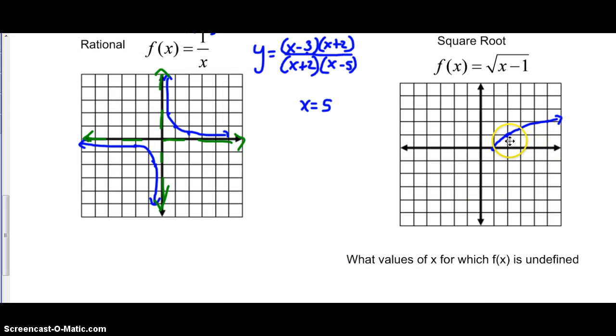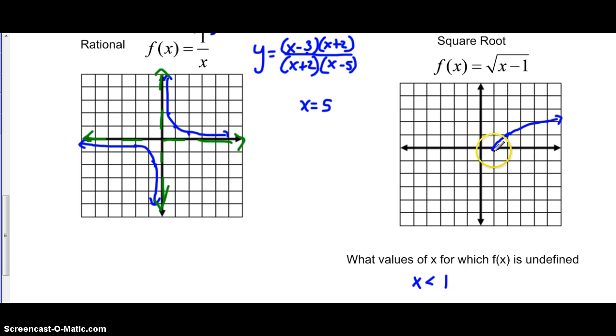So if you think about this square root function in particular, it would be all the values left of this endpoint, and we could represent that as all values of x that are less than 1.